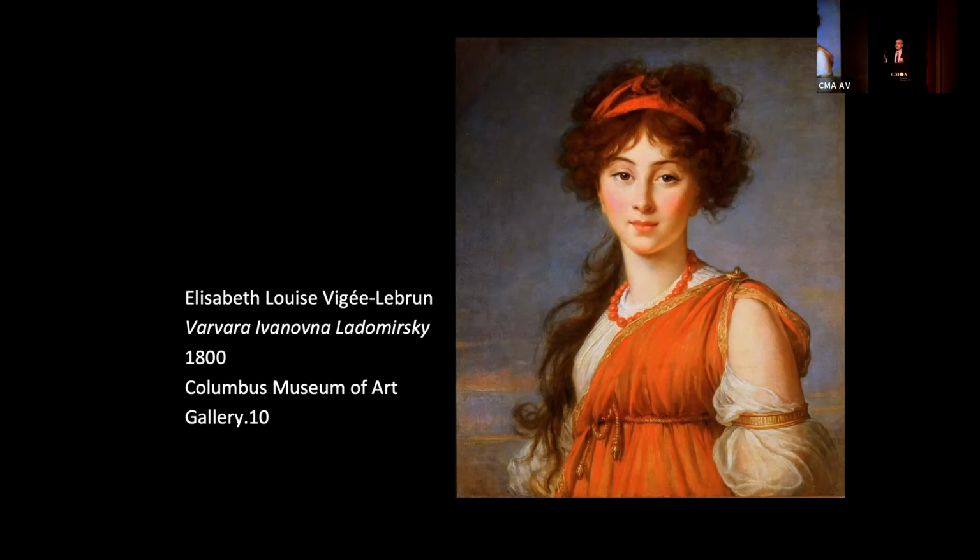This would be an outfit that would be controversial enough in post-revolutionary France, let alone if you were wearing it on the street, let alone in the ultra-conservative Russia of 1800 under the rule of the reactionary Tsar Paul.